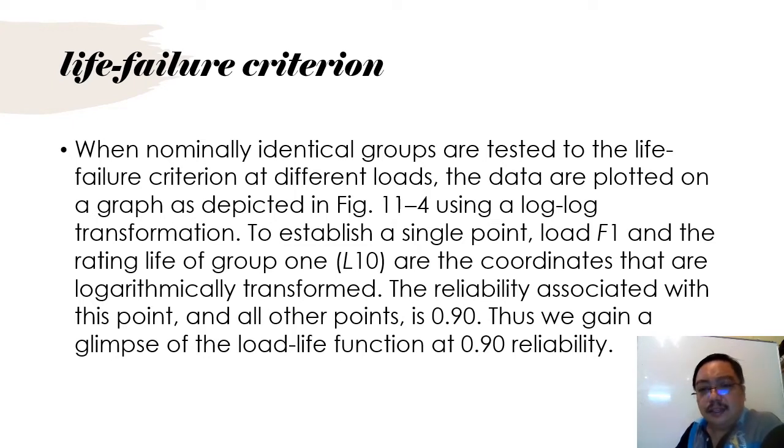So the reliability associated with this point and all other points is 0.9. Thus we gain a glimpse of the load-life function at 90% reliability. Okay, I will explain the next slide.